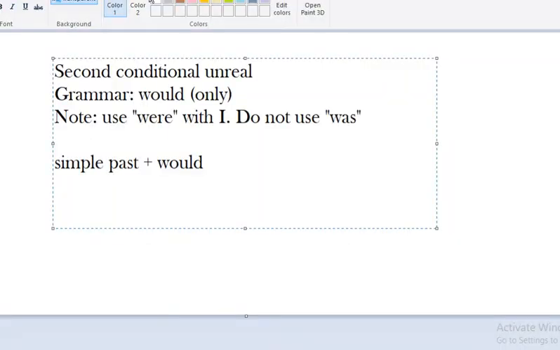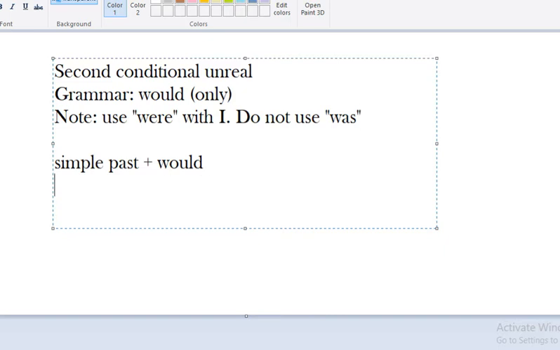So this is the second conditional, unreal. The second conditional is to express unreal or imaginary situations. And then we have the grammar. We have would. Would is a modal verb that is used for this one. In the first conditional, we have will, but now it's not required. Now, let's see the next note. Use were with I. Do not use was. And in the clauses, we have the simple past plus would.